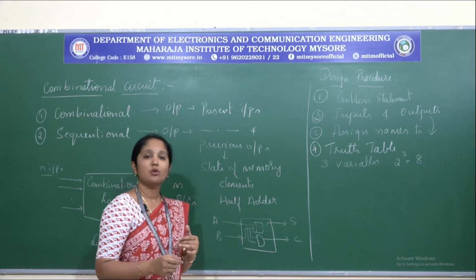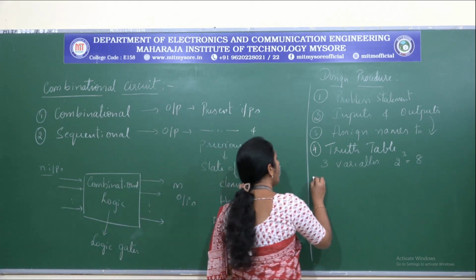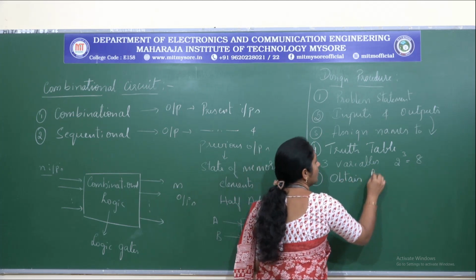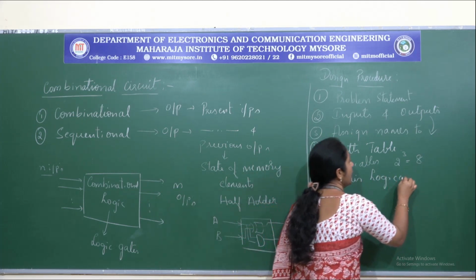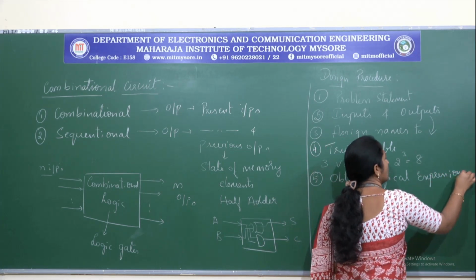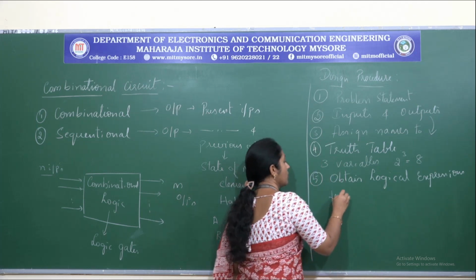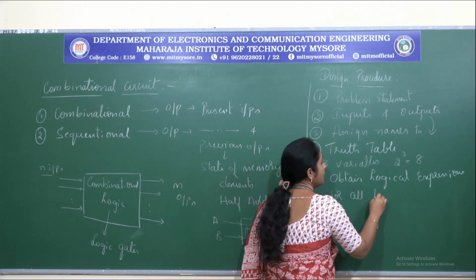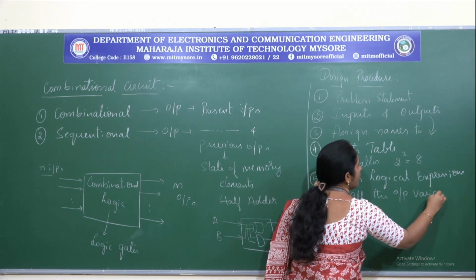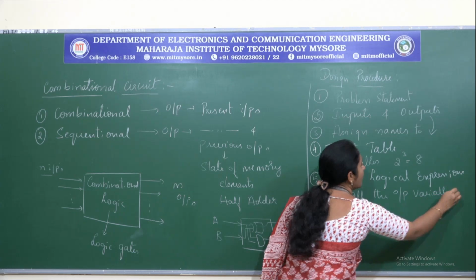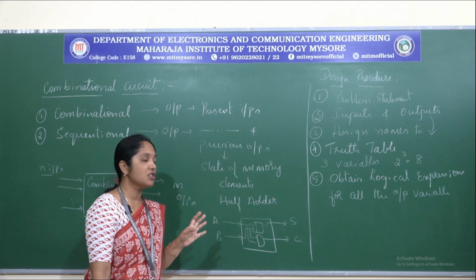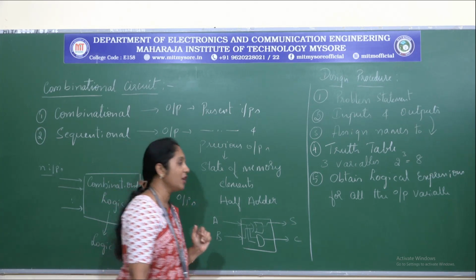Now, after writing the truth table, the next step is to obtain logical expressions for all the output variables. For each and every output variable we will be having an expression. Therefore, we are supposed to obtain a logic expression for each and every output variable whatever we have.